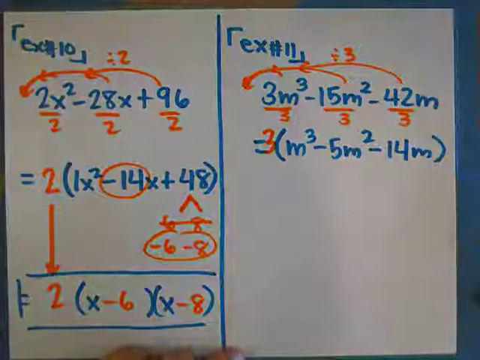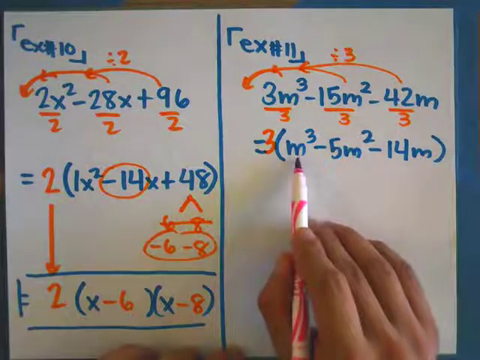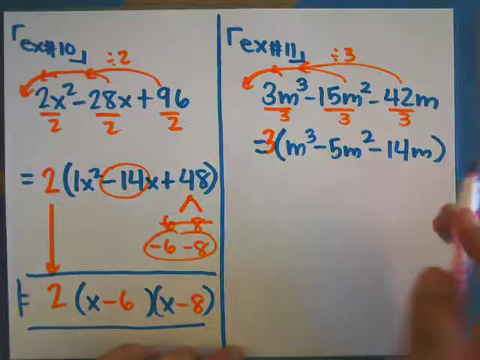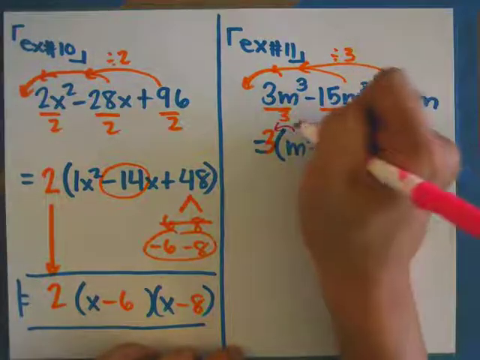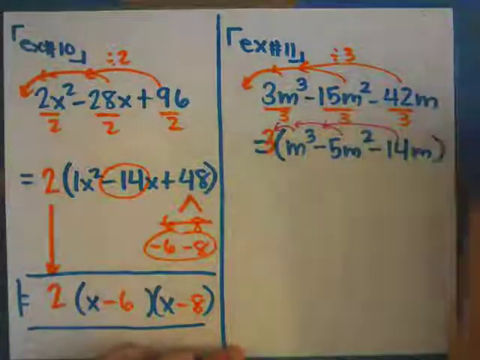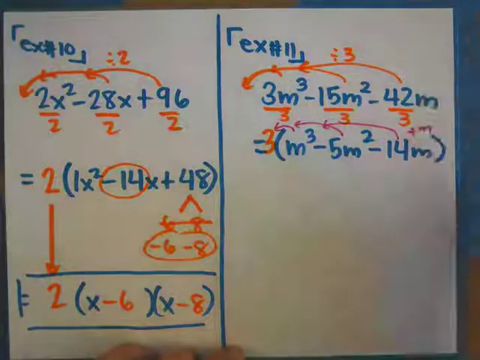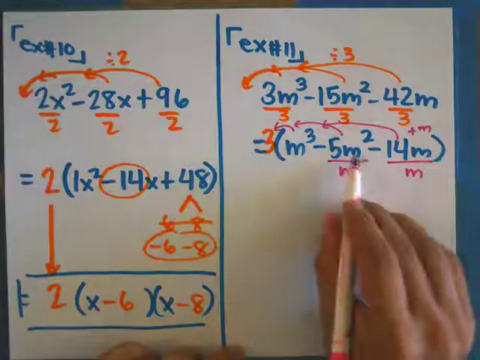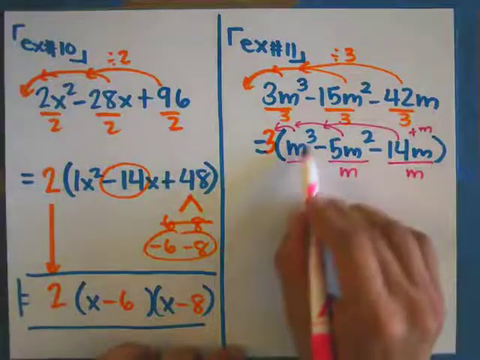Then think of the variables also. You have 3 m's over here, you have 2 m's here, and you have 1 m here. You can also take out a variable. We can take out 1 m because this has at least 1 m. You have 2 m's multiplied together, and you have 3 m's multiplied together.